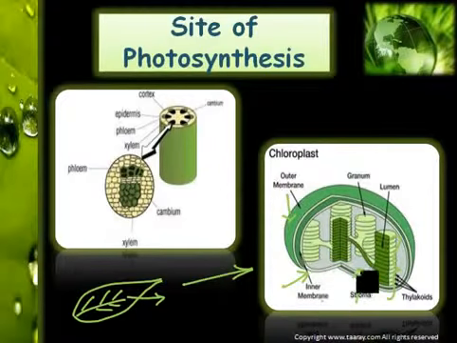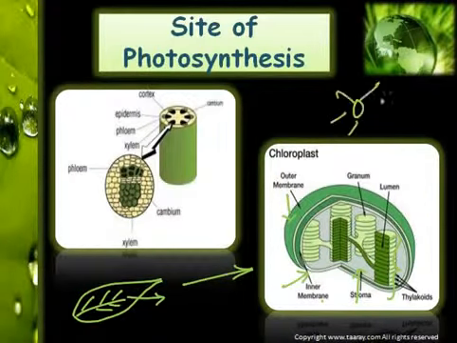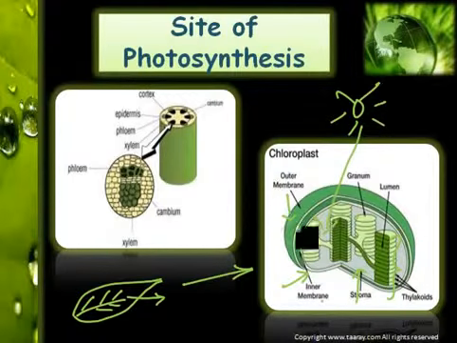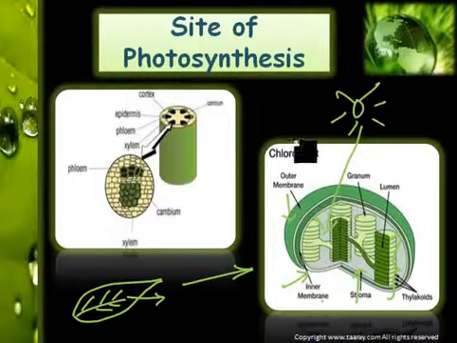The chloroplast has the capacity to capture sunlight from the atmosphere and convert it into chemical energy, that is, glucose.